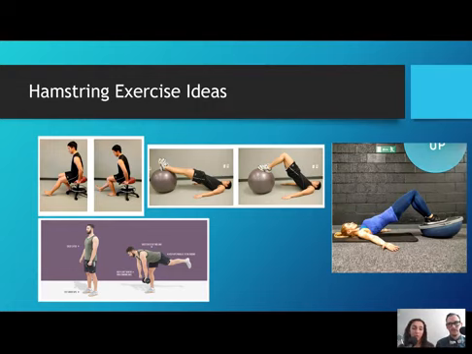I do it pretty early on in my hamstring rehab. You can even increase this by adding resistance, but even just starting with a stool and having them put their heel down and drag towards them, they can do one leg and do multiple steps with that one leg, or they can alternate legs. You can play around with that.